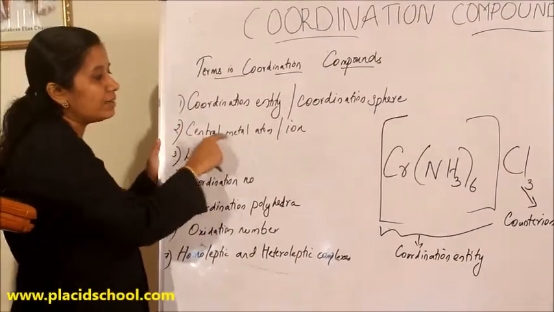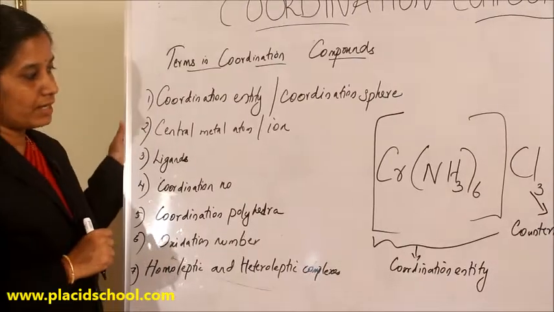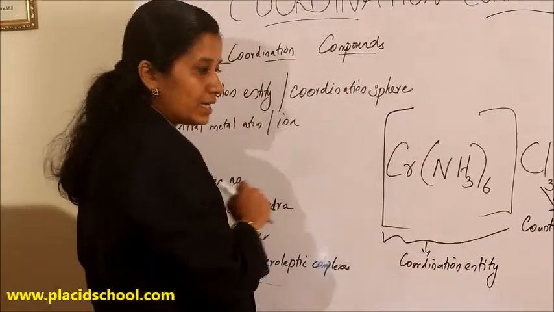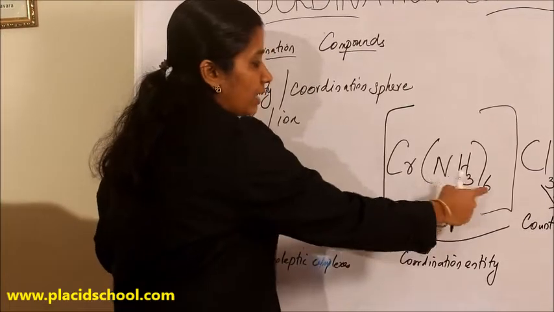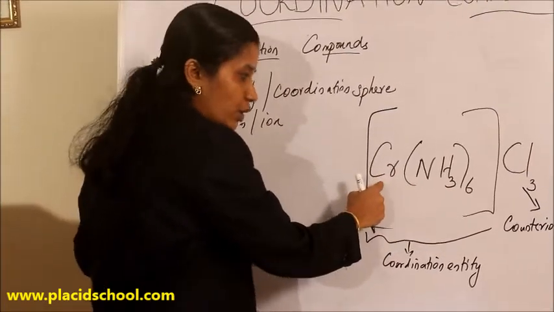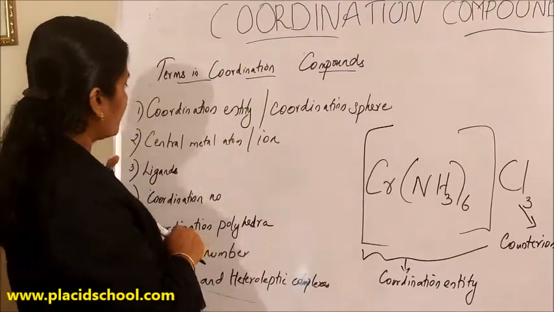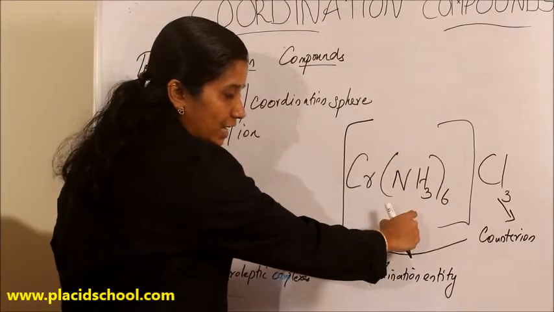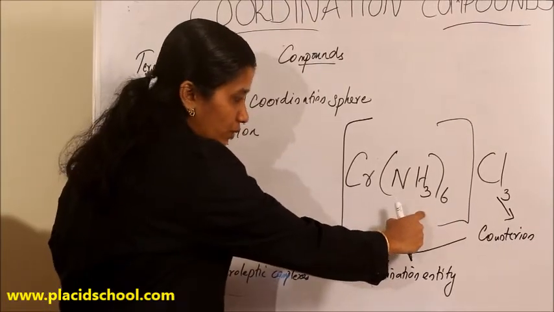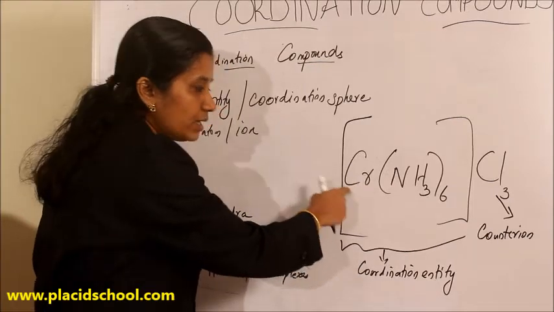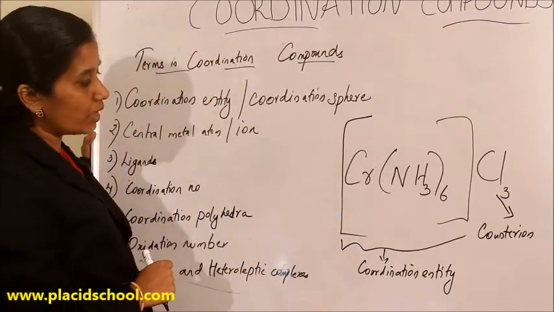Second term, central metal atom or ion. Inside the coordination sphere we can see some species attached to this central metal atom. Here it is chromium. So we can define the central metal atom as the metal atom or ion to which some negative ions or neutral molecules are attached.